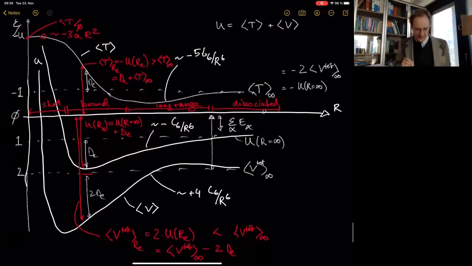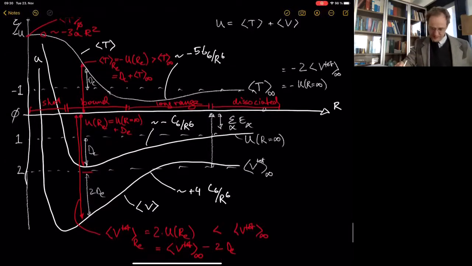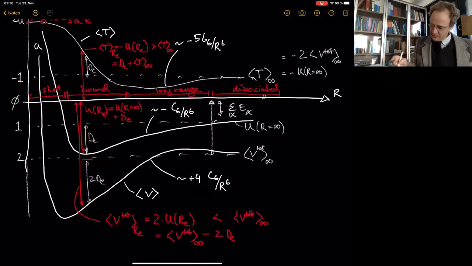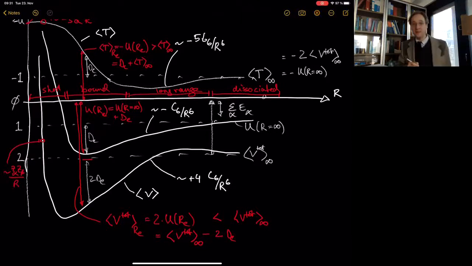Now, in the electronic part, you see here the kinetic part diverging. So this is the alpha beta over the distance, right? It diverges as R goes to 0.